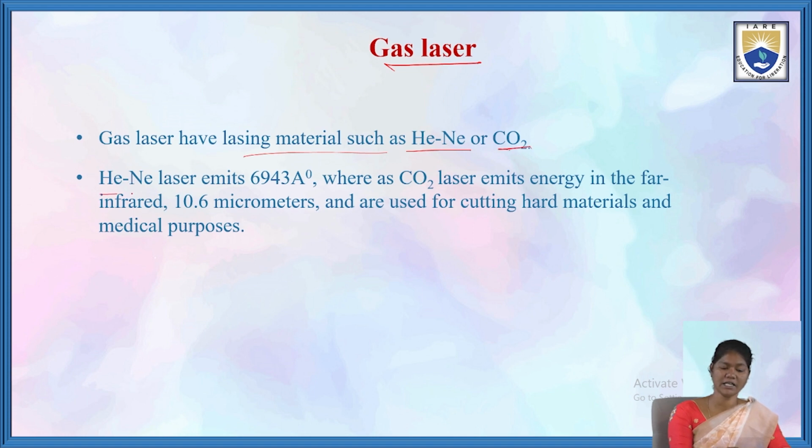The helium neon laser, HeNe laser, emits 6943 angstroms, whereas the CO2 laser emits energy in the far infrared at 10.6 micrometers and is used for cutting hard materials and for some medical purposes.